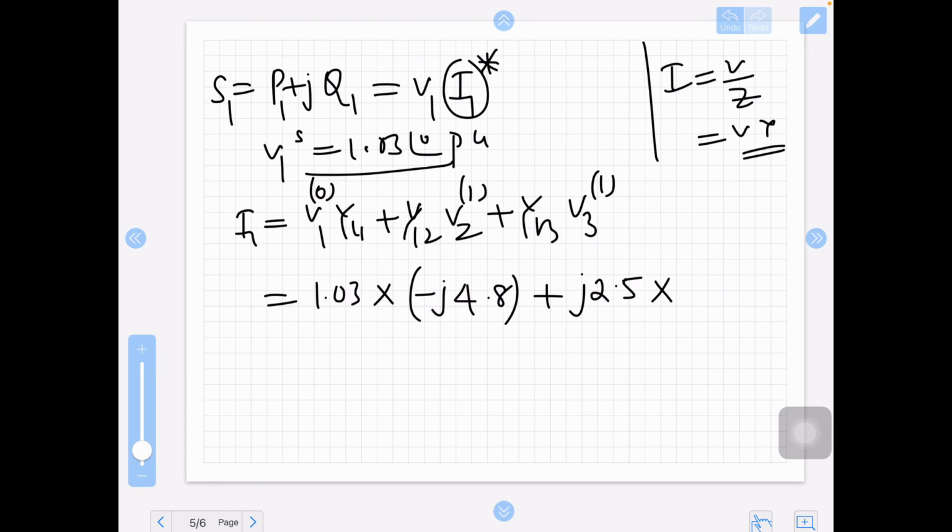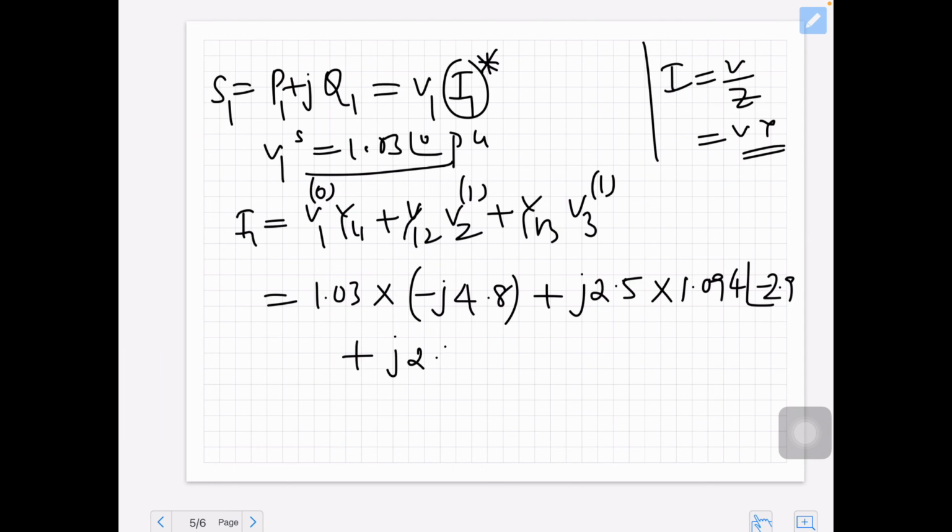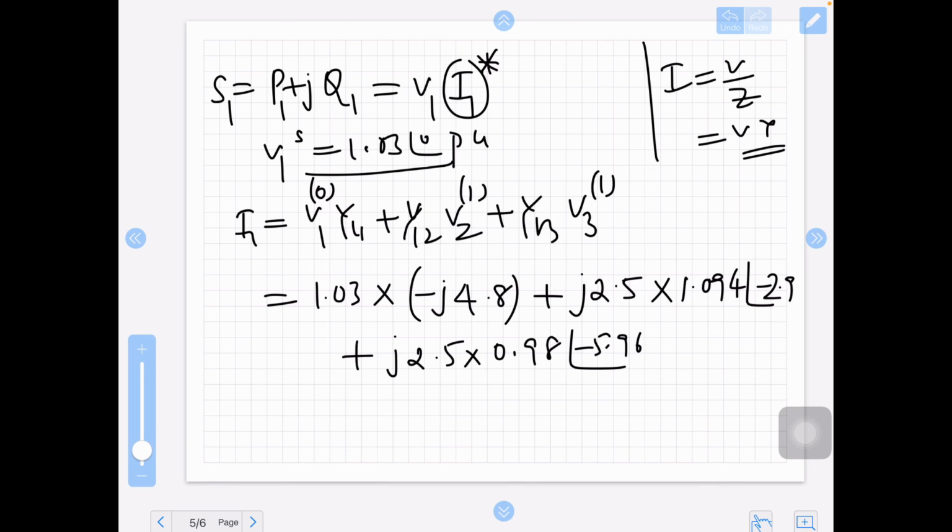times the V2 value we know, 1.09 at an angle of minus 2.9. Y13 value is known, 2.5, times V3 of 1, which is known, 0.98 at an angle of minus 5.96. So all these values are known. If you know all those values, you can find the I1 value.